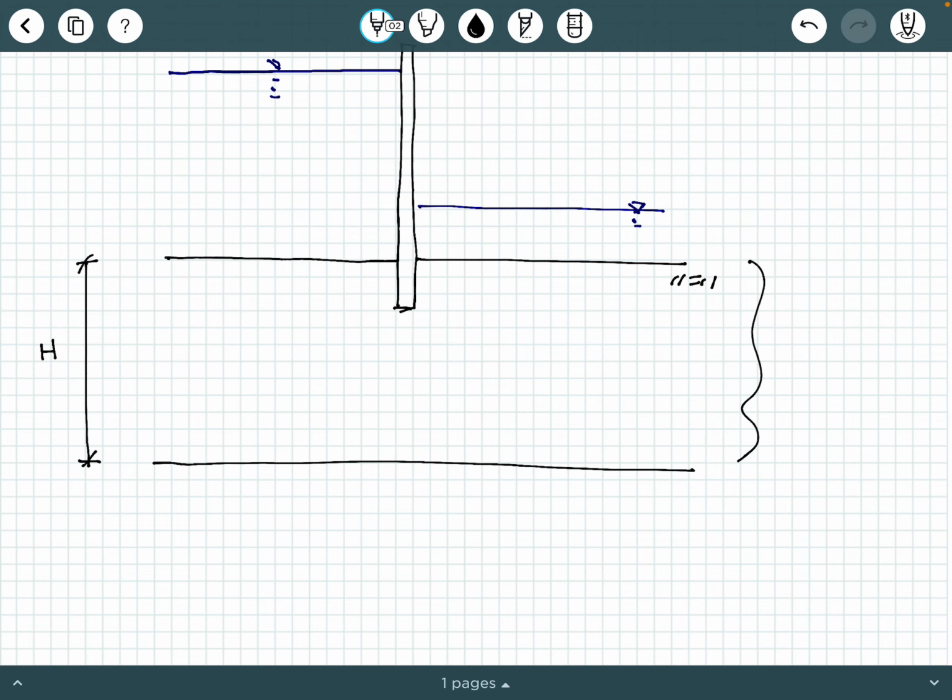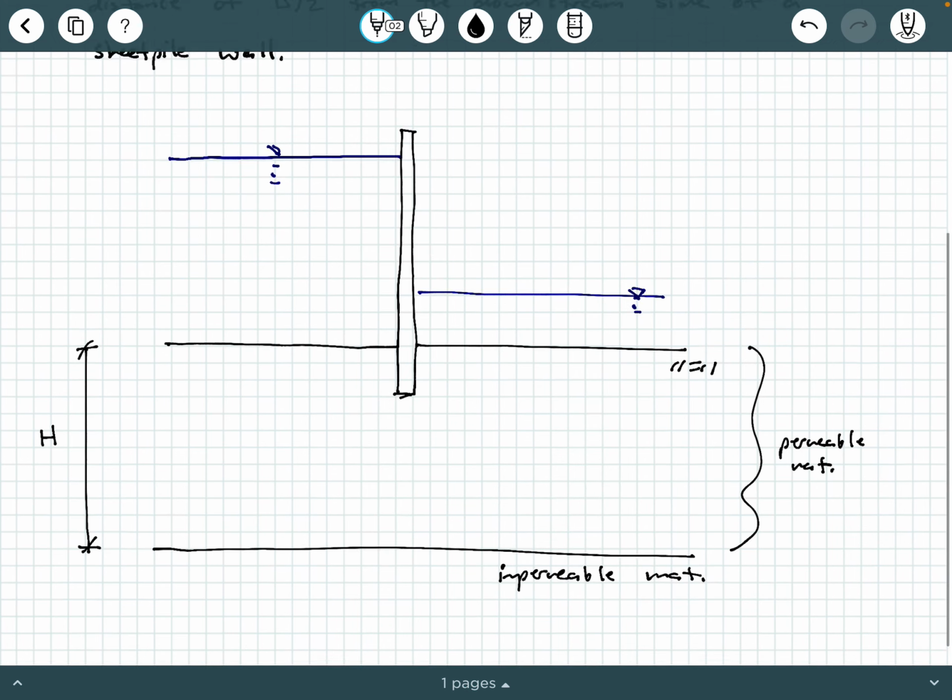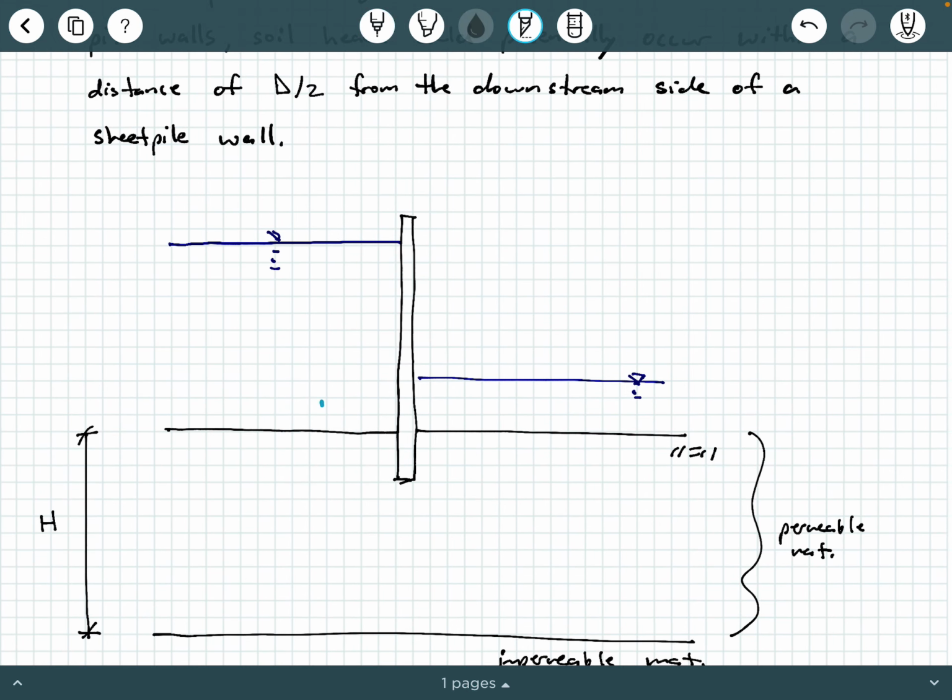And all of this is permeable material here, so we'll make a note: permeable material. And then below this line is impermeable material. The water is going to tend to seep from the upstream side to the downstream side, and you could model that aspect from a flow net.